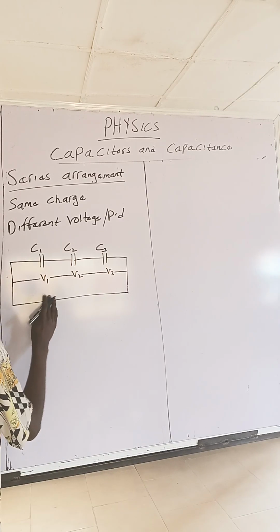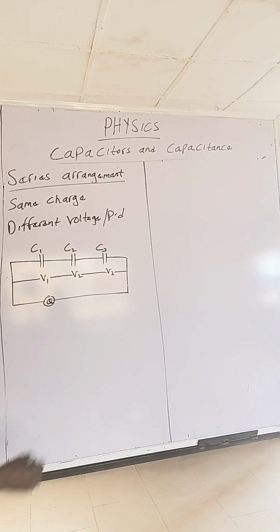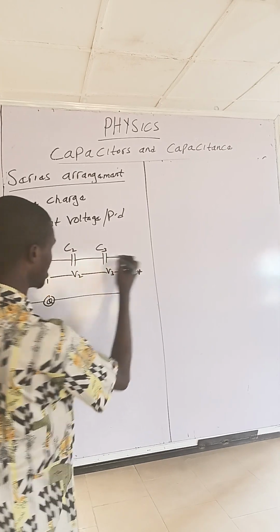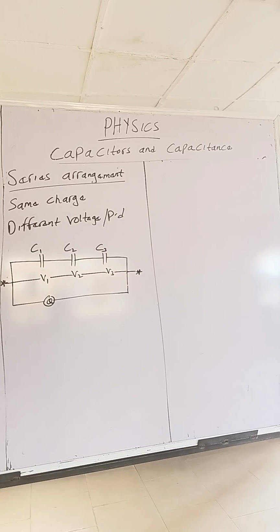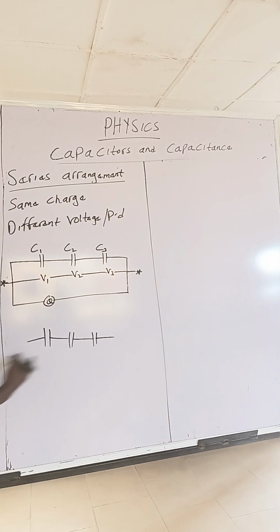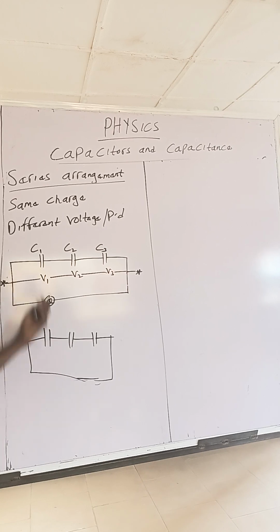They have the same amount of charge flowing across them, because from this point to this point they are connected end to end. You can just construct it to be like this. Then you can see it's the same as this.